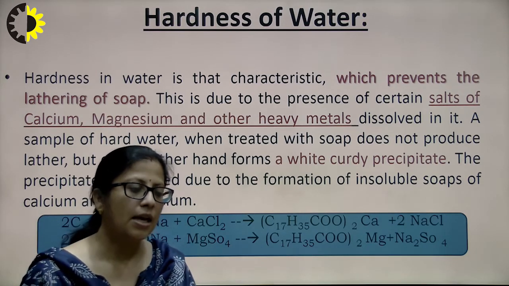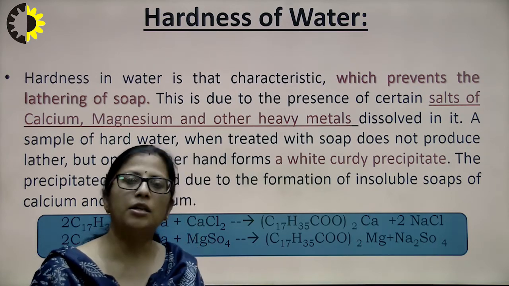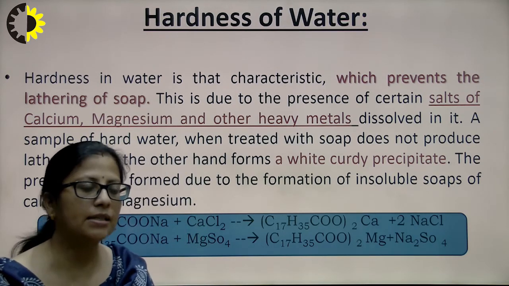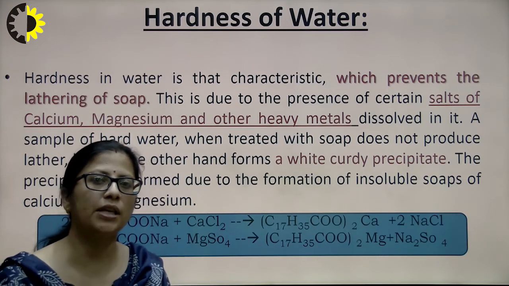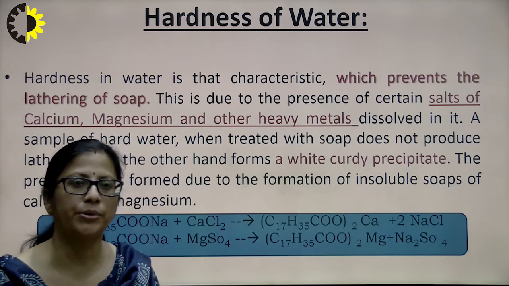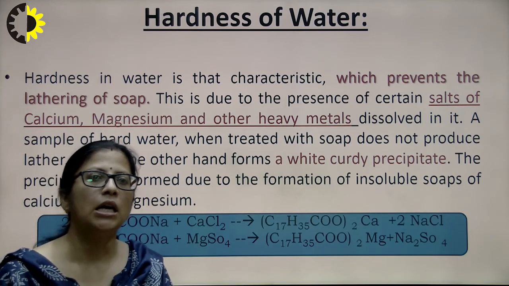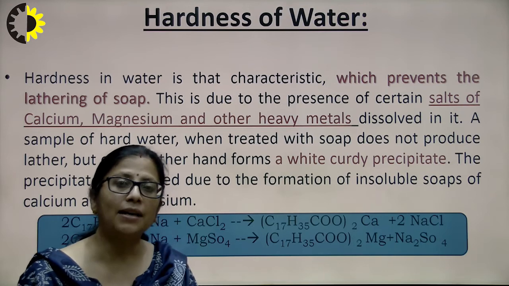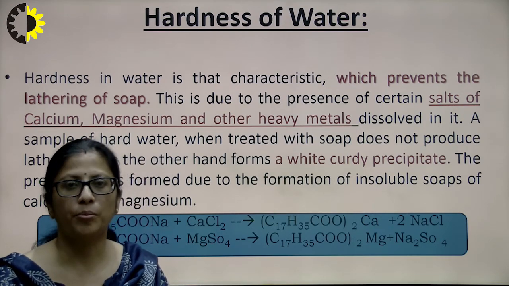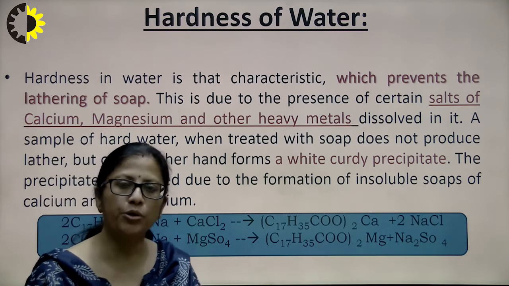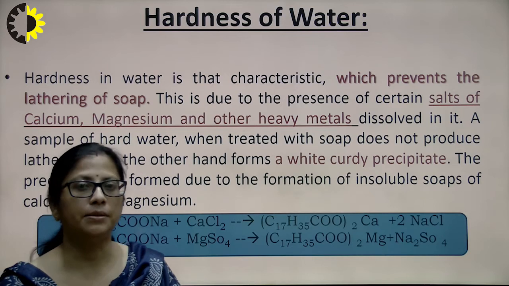And since the metal content in water is increasing, the metals present in the water cause hardening of water. Hardness of water is that characteristic which prevents the lathering of soap. If we wash clothes and rub soap, then that soap should produce lather.